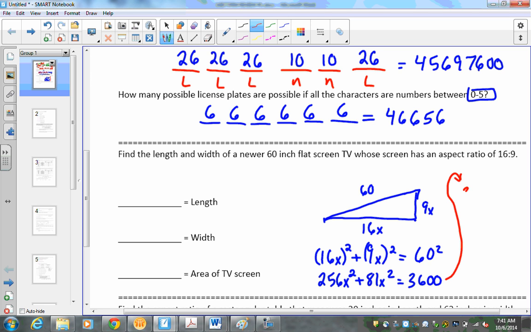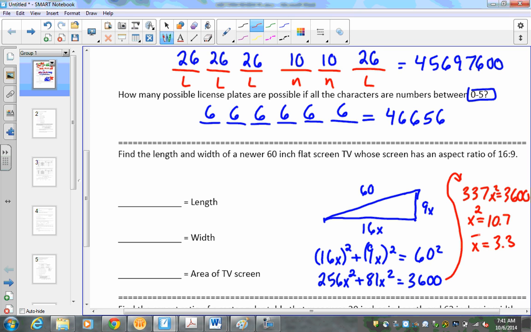That turns into 337x squared is equal to 3600. 3600 divided by 337, you get 10.6. x squared is equal to, well, we'll just round 10.7. I'm going to square root it. x is equal to 3.3. All right, so x is equal to 3.3.